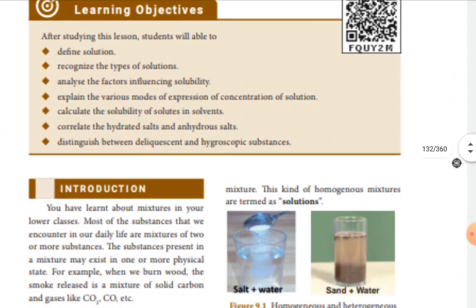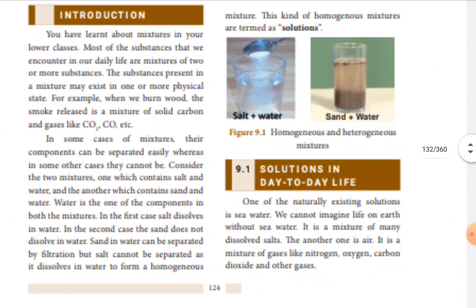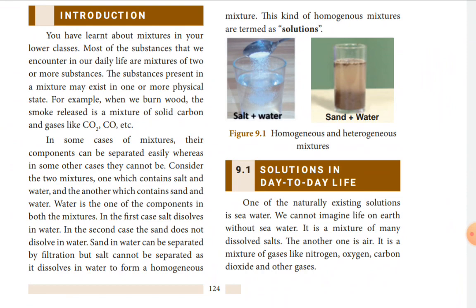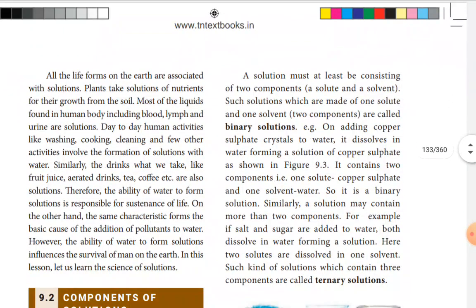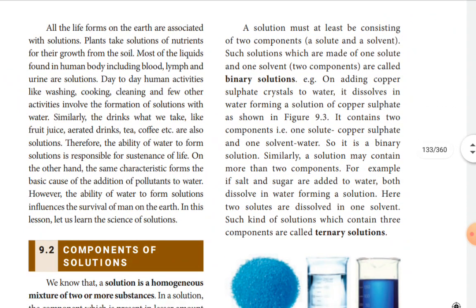In the solutions lesson also you should revise binary solution and ternary solution. Binary solution means the solution contains one solute and one solvent. It is a two component solution. If a solution contains two components, it is called binary. If a solution contains three components, it is called a ternary solution.